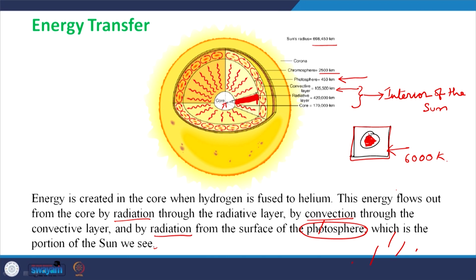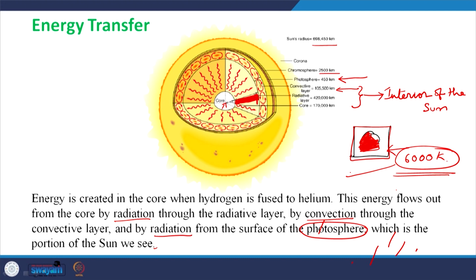It does not really matter what the heat source inside is. For all practical purposes, what matters for us is this 6,000 Kelvin. So, the temperature of the core or the energy that exists inside the core does not really matter. What really matters for us is the temperature that we see outside, this 6,000 Kelvin.